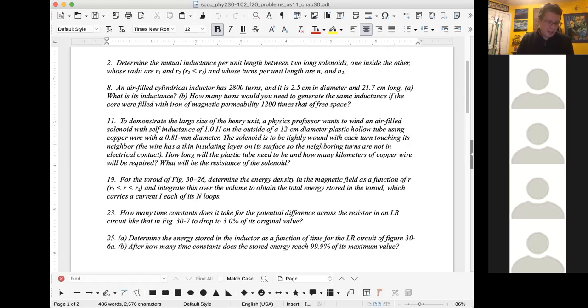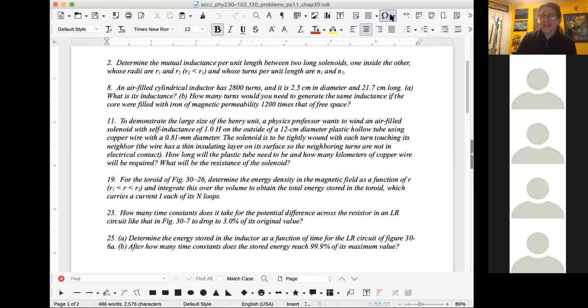You see a circular segment, and it has a thickness H. Determine the energy density in the magnetic field as a function of R. So you need the magnetic field of a toroid, and remember the energy density is B squared over 2 mu naught. So B is just the magnetic field of a toroid as a function of R, which is the distance from the point inside the toroid to the center of curvature.